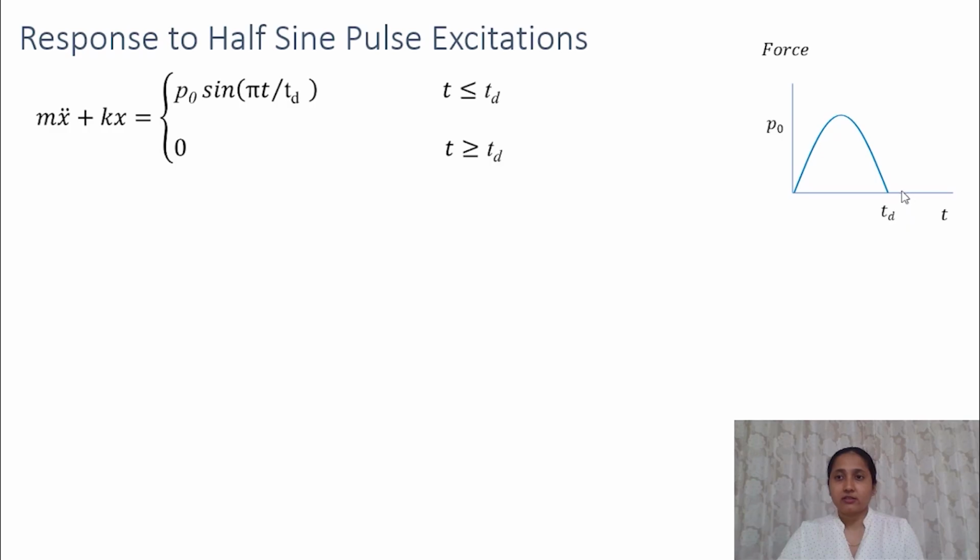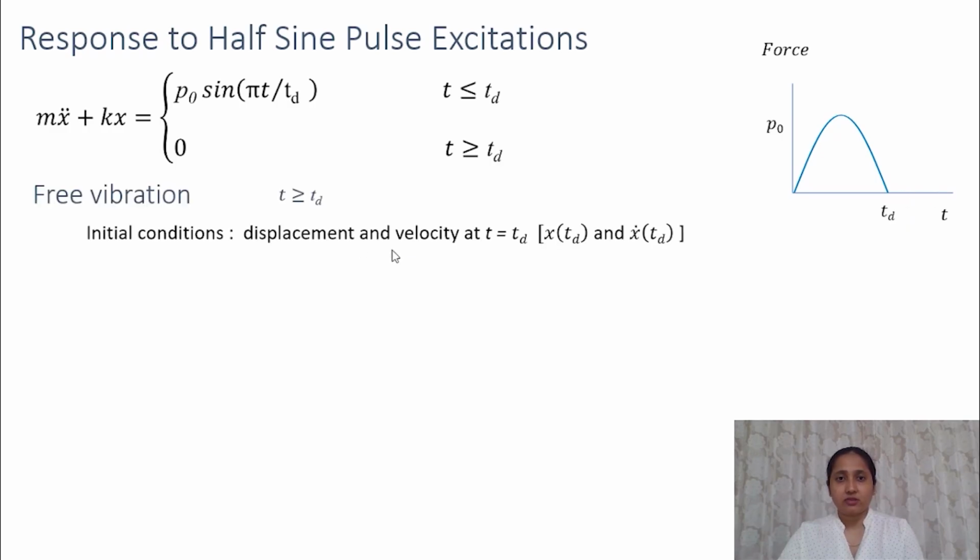Now let's find the free vibration response. The free vibration response depends upon the displacement and velocity at t equal to Td, that is, when the force stops. So we can find x(Td) and x dot(Td), and find the expression for the response when omega is not equal to omega n.